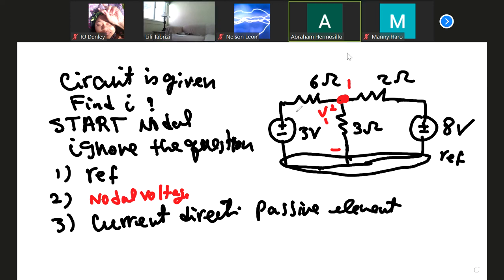Right to left. What about the 2 ohm? You choose. Same, right to left. What about the 3 ohm? Going up or down? Let's do it down. Okay. Don't label. So you select the reference, identify the essential node, call it V1, and then assign current to passive elements.